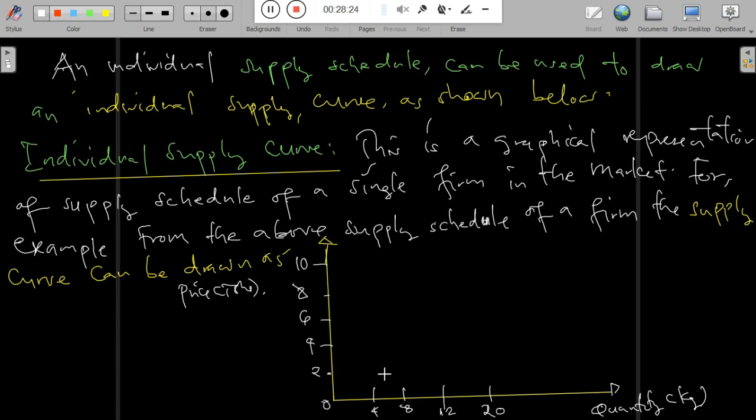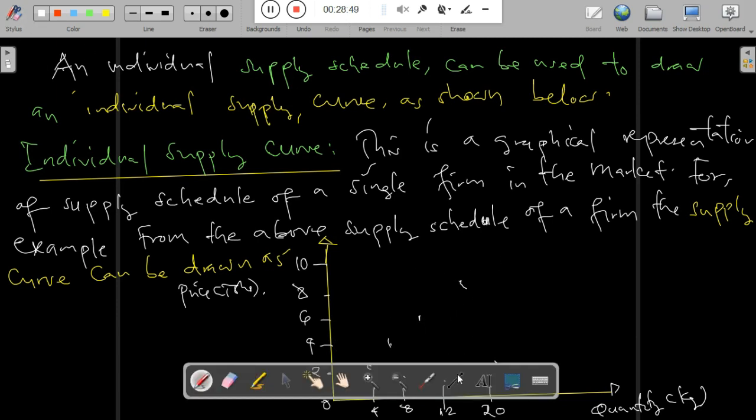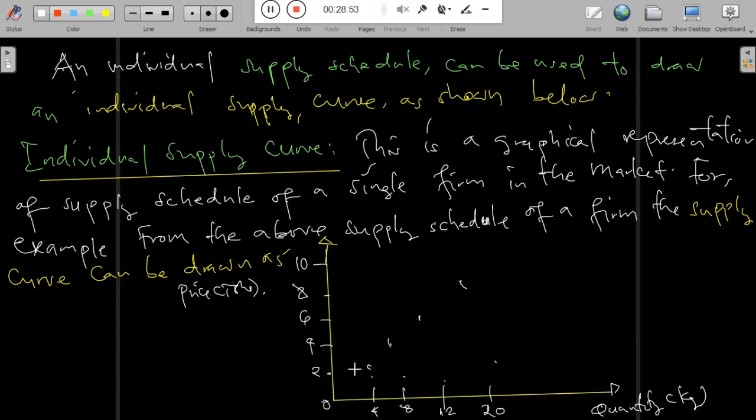So when you sketch out the supply curve, it will be sloping upward from left to right. It shows that there is a positive relationship between the price in Tanzania shillings and the quantity in kilograms.